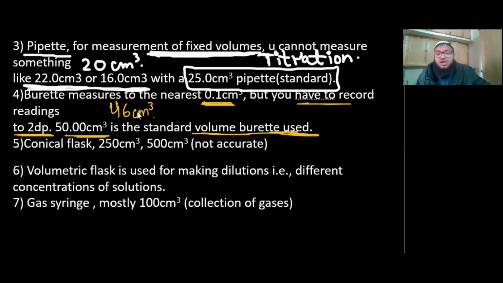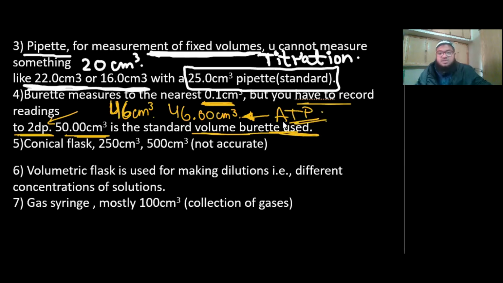How are you going to record that in a table in your chemistry syllabus, or in a scientific way? How are you going to write it down? You have to write it down to 2 decimal places. If it is exactly 46, you have to record it as 46.00 cm cube. And why am I stressing on this so much? Because this is a very integral part of your ATP paper.